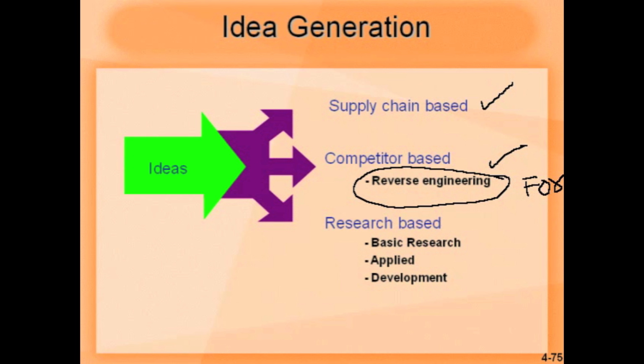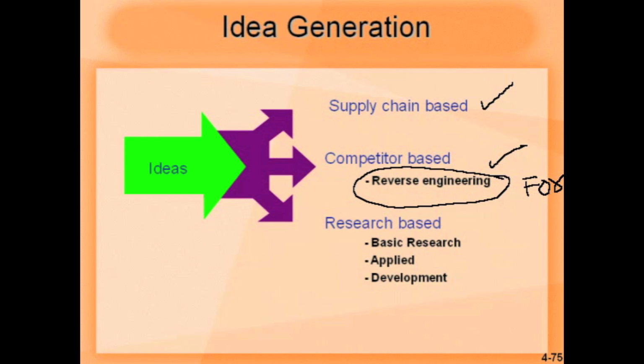And Ford was having a tough time before that, but the success of Taurus made them very profitable. So in that project, basically they looked at various best-in-class design activities which other competitors were doing, and they incorporated all of them into one product. So that's called reverse engineering.